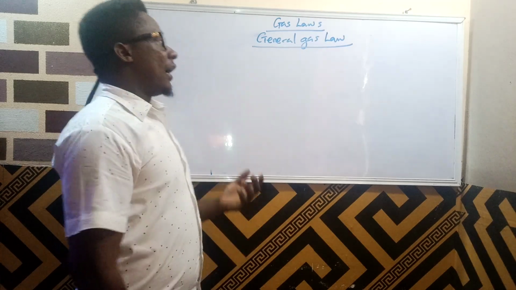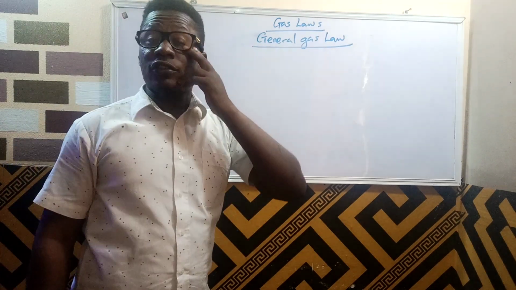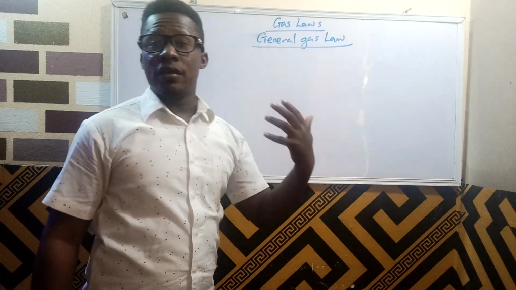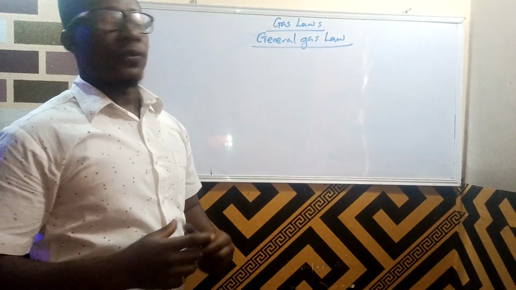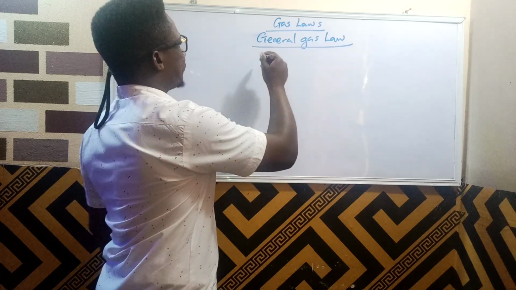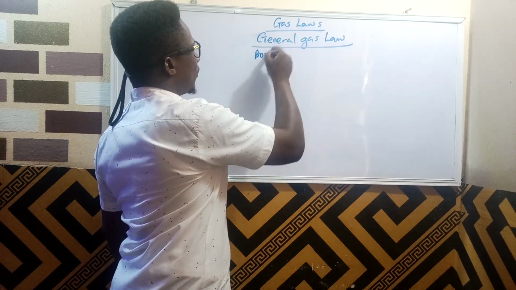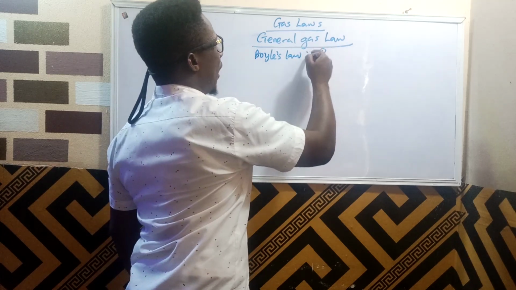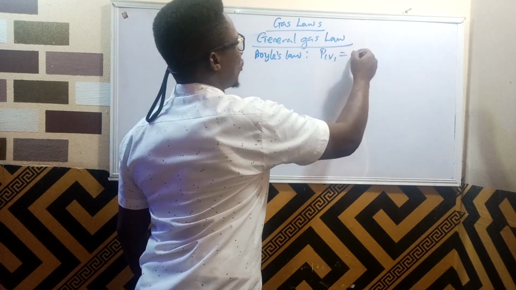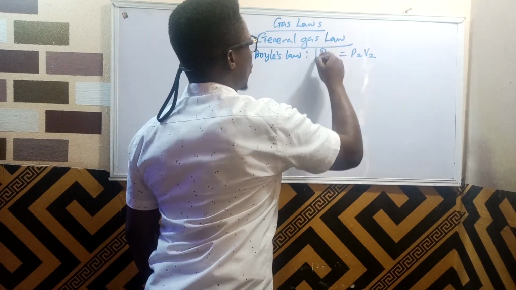Okay. Now we said the general gas law, or general gas equation, is a combination of three laws. That's Boyle's law, which is P1 V1 is equal to P2 V2.